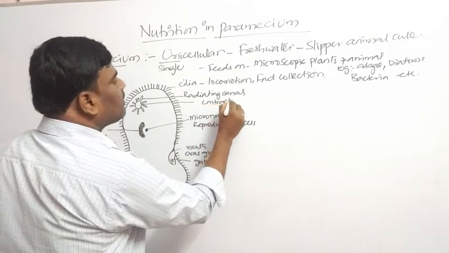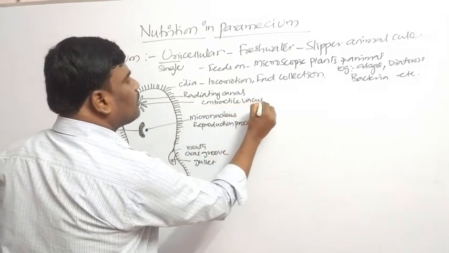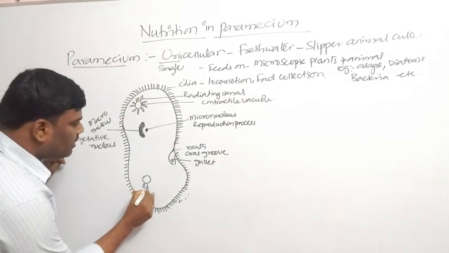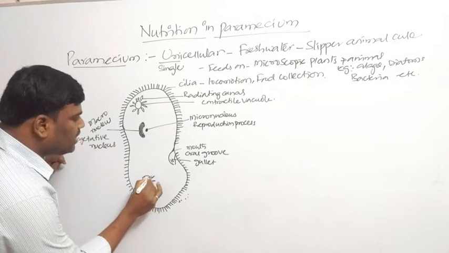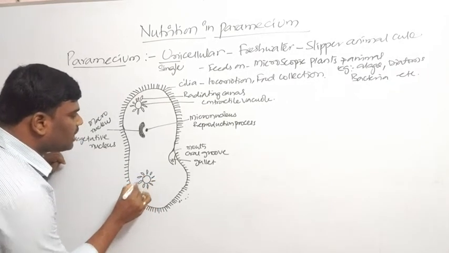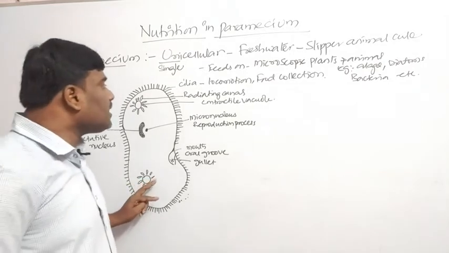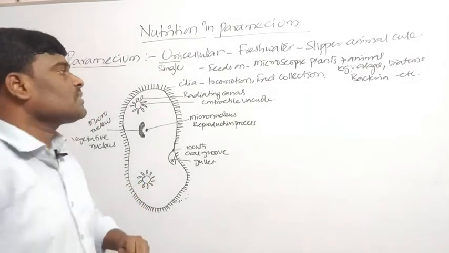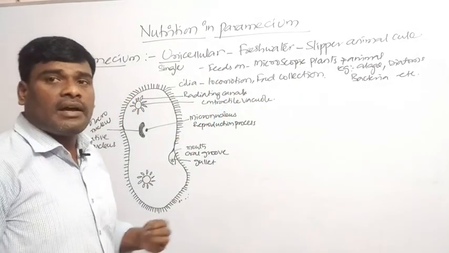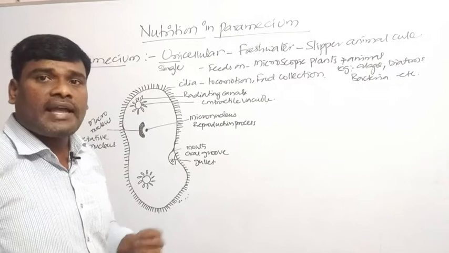Contractile vacuole. And here also the same thing. So radiating canals are also seen in the posterior contractile vacuole. The number of these radiating canals differs. In some species there are a few, and in some species there are many, children.